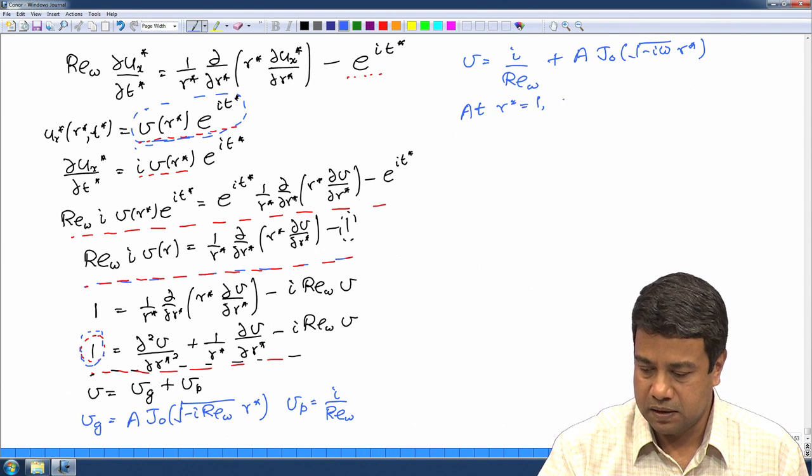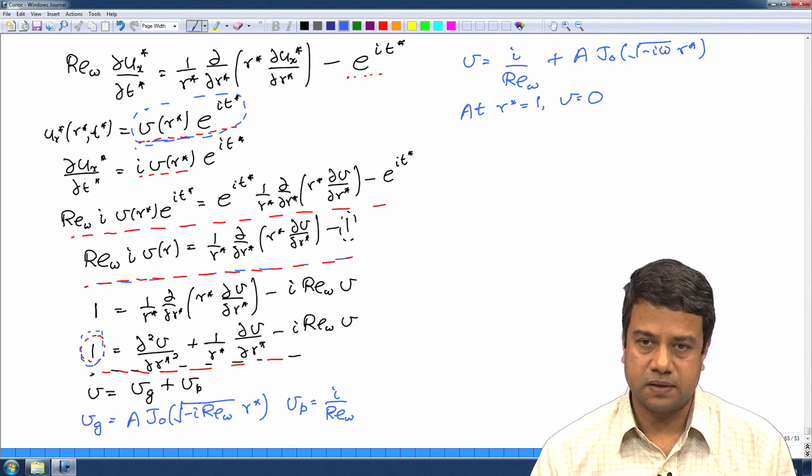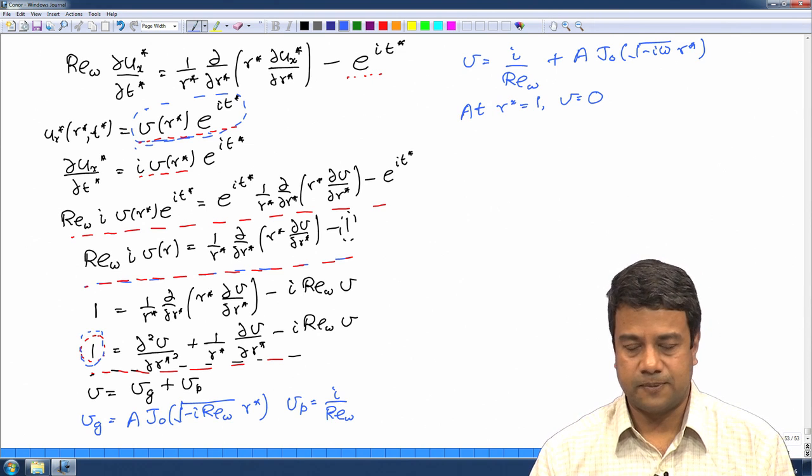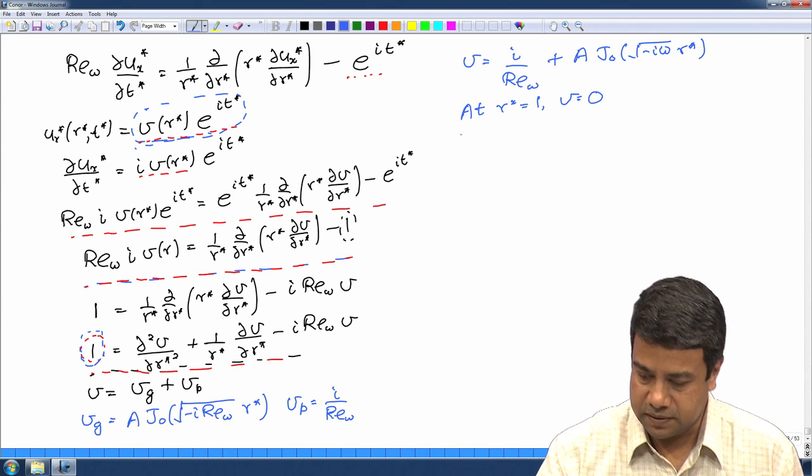V is equal to 0, the no slip condition that the velocity has to be equal to 0 at r star equal to 1. And using that you can quite easily determine the solution.